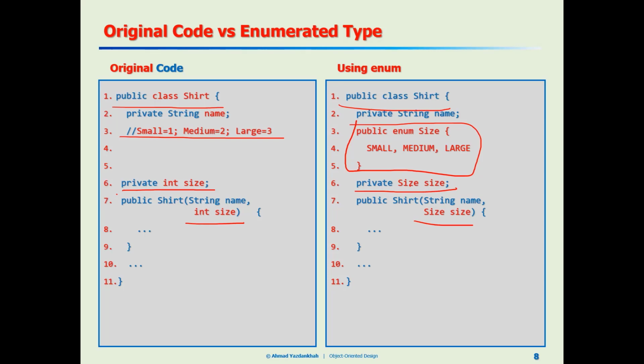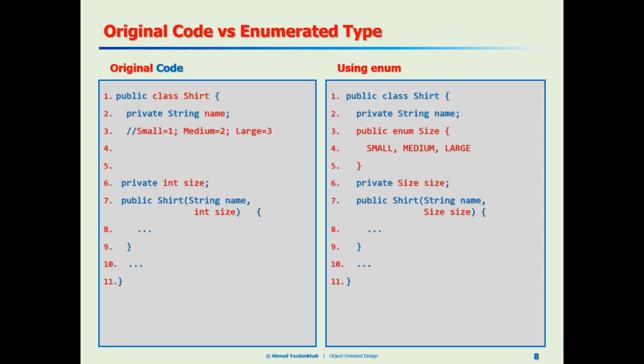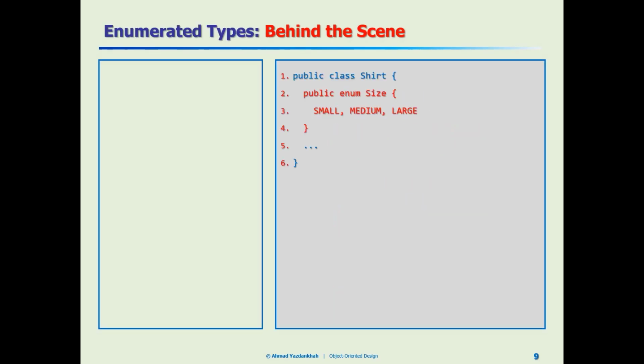Okay. Now let me tell you what would happen behind the scenes. When you create something like this, what does it mean? We have not seen it before, right? Probably most of you have not seen it before. Let's see how Java behaves when you create such a thing.